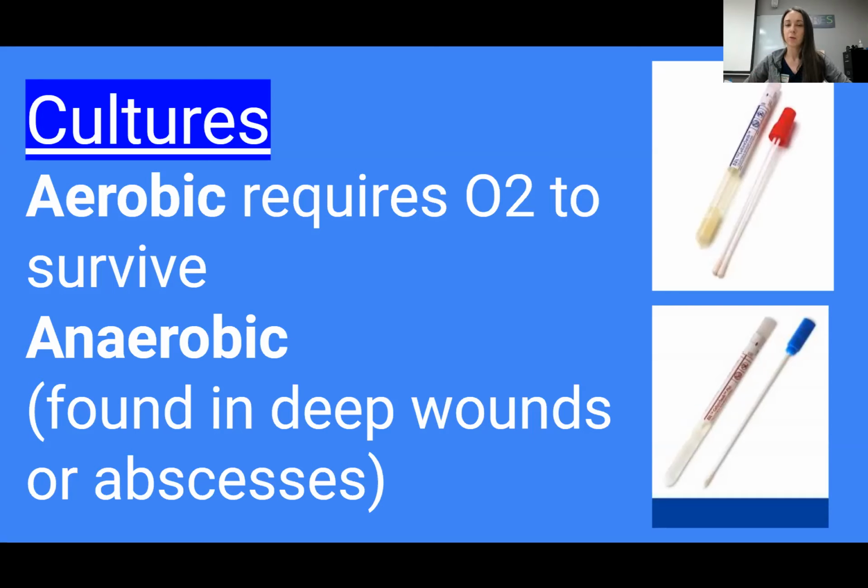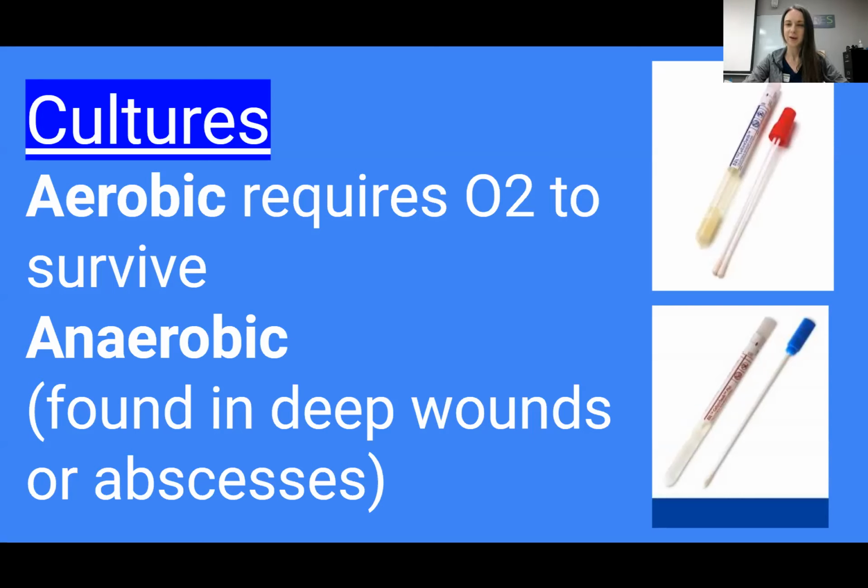We are going to call them anaerobic because they are deep in the wounds, they've not been exposed to any oxygen. So that is the difference between the two words. Make sure you know the difference between aerobic and anaerobic and where you tend to find these. So again, anaerobic found in deeper wounds or abscesses. So anaerobic, the organisms are going to die quickly when they're exposed to air.